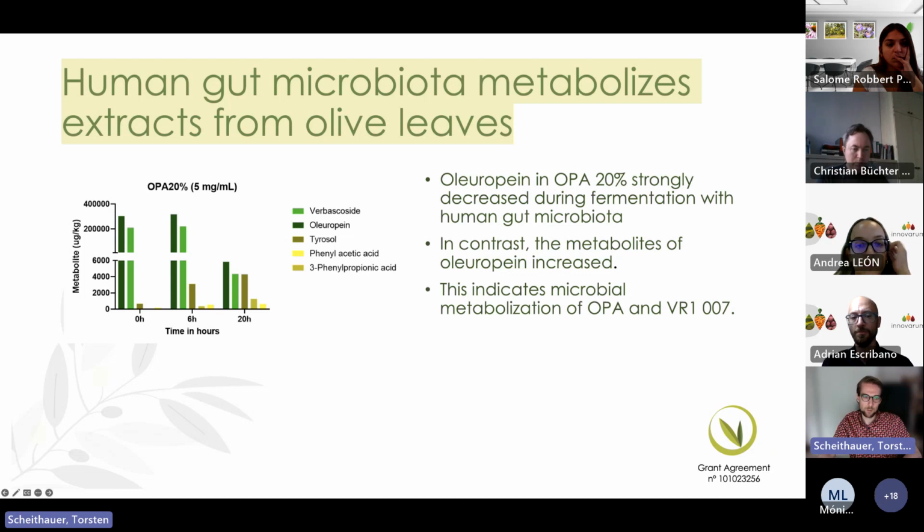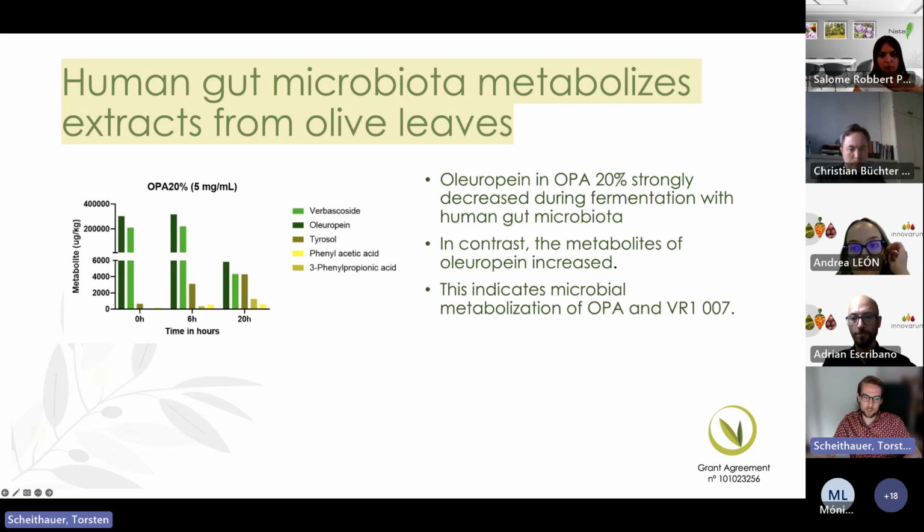And you see the oleuropein is in dark green. At 0 hours and 6 hours, there's not much change. So it's around 300,000 microgram per kilogram. But then at 20 hours, if you look at the axis, it's only around 6,000 microgram per kilogram. So it reduces a lot. That means that the gut microbiota can metabolize this polyphenol quite efficiently.